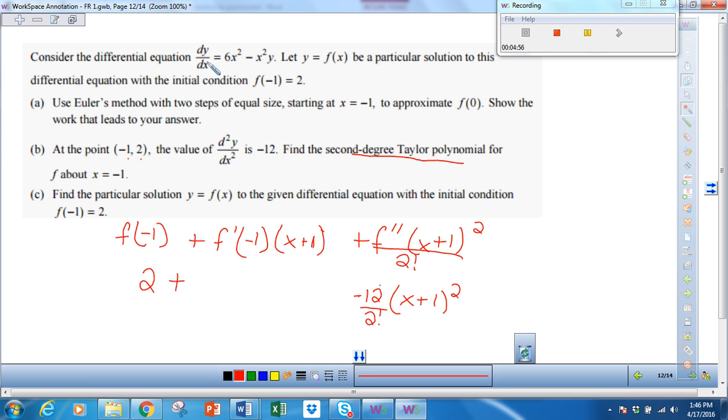And I know I can find f prime of -1 simply by plugging it into this expression. So f prime of -1, and I probably already found this on the next stream, but I'll just do it again, is 6 minus 1 times y, which is 2. So what is that? 4. So this is 4 times x plus 1. And that's our Taylor polynomial.